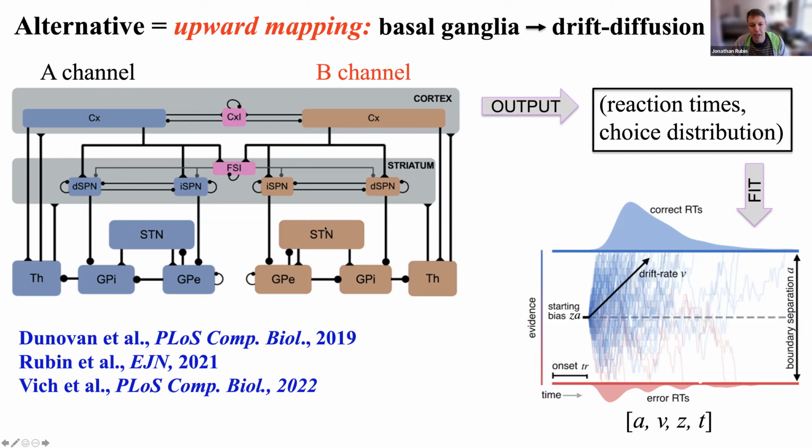I'm not going to go into the details, but you can ask about that if you want. So we have these two channels competing to reach the decision threshold. Whenever that happens, we record that as a decision and we start a new trial. What's driving these decisions is whatever activity we have up here in the cortex to begin with.